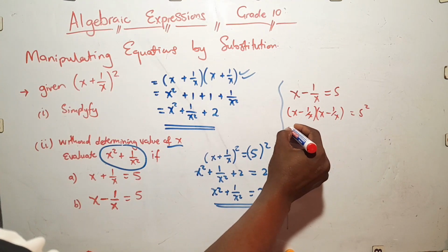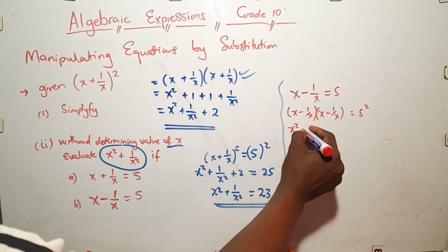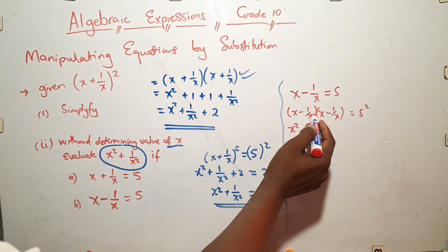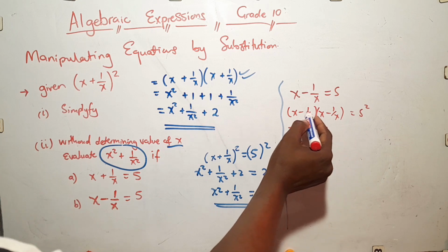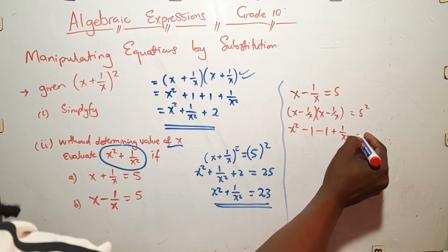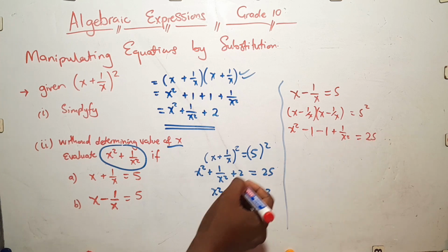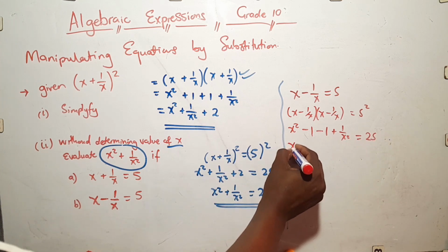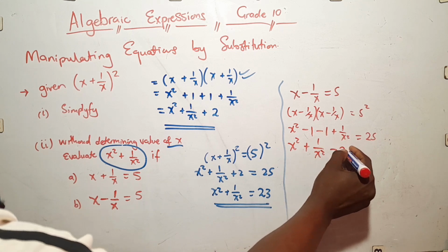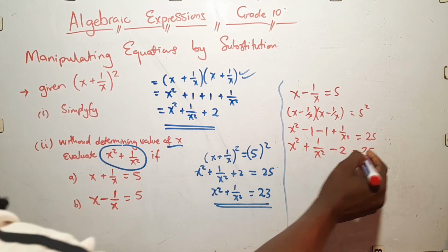So this and that will give us x squared. This and that will give us minus 1. Since x and x will cancel, we will be remaining with negative 1. And this also negative 1. And this and that will give us positive 1 over x squared being equal to 25. So this is equivalent to x squared plus 1 over x squared minus 2 being equal to 25.